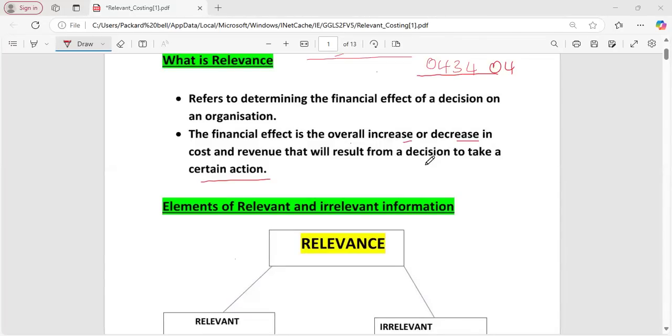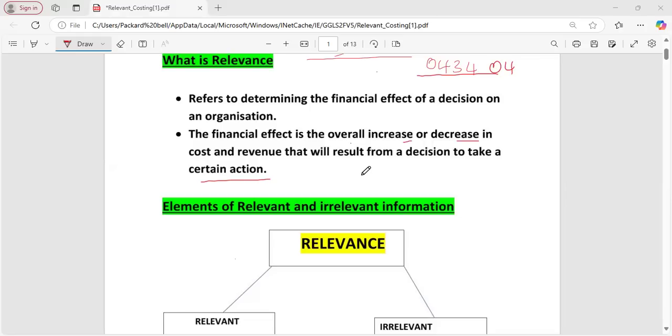If you take a decision, you are going to meet those costs. So those are relevant costs. In relevant costing questions, we should focus on if a decision is taken, what are the incremental costs going to be? Those are the relevant costs.